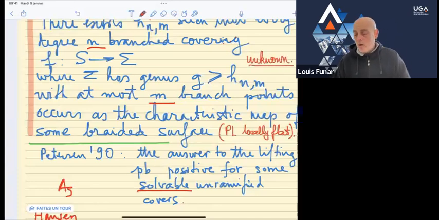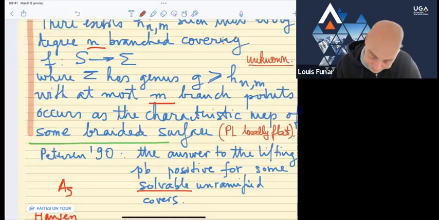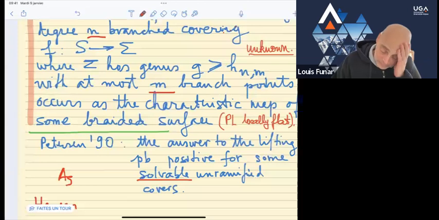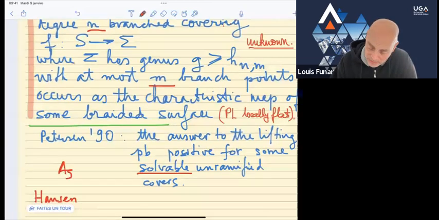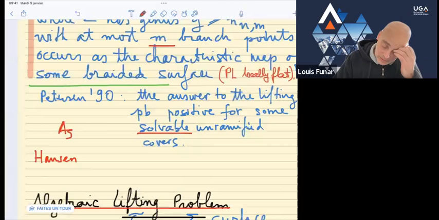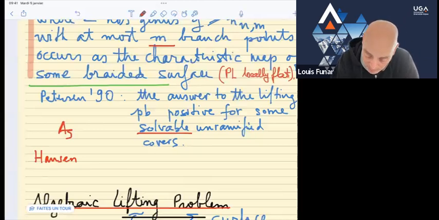I mean, we have no idea if it's effective or not. Such a solution for the lifting problem has been given in the case of solvable unramified covers by Peterson in the 90s already. And this question has been asked and discussed a lot by Hansen in the 80s.